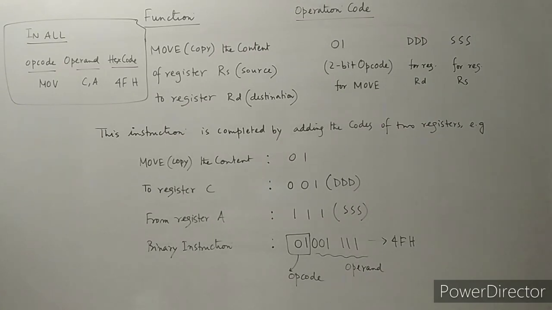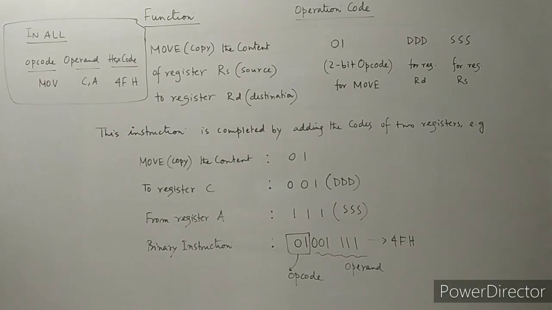If we want to get the binary instruction for move register C, A, the operand is C, A and the opcode is move, say 01. The operand C, A means to register C from register A. Let us take DDD as 001 and SSS as 111.